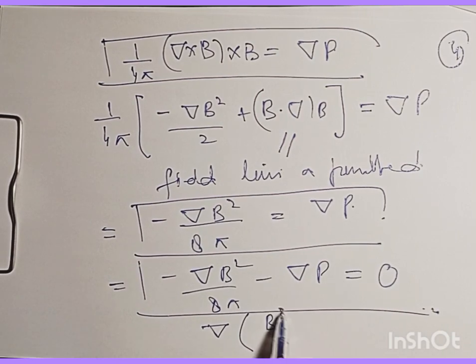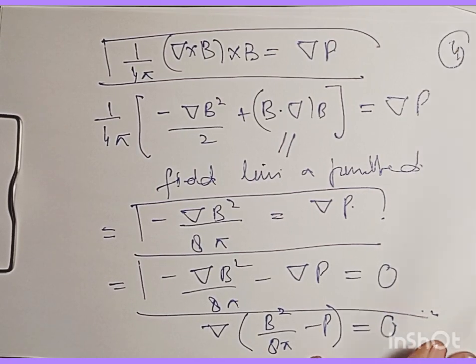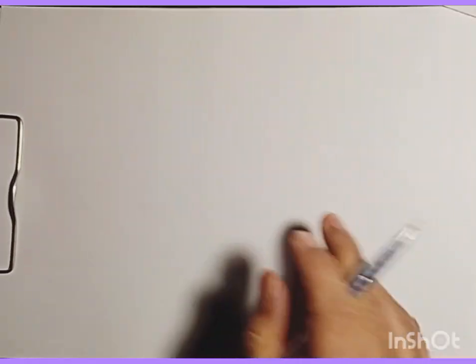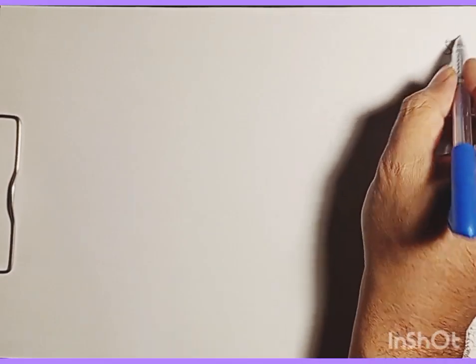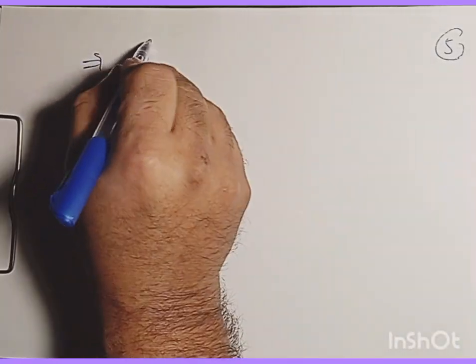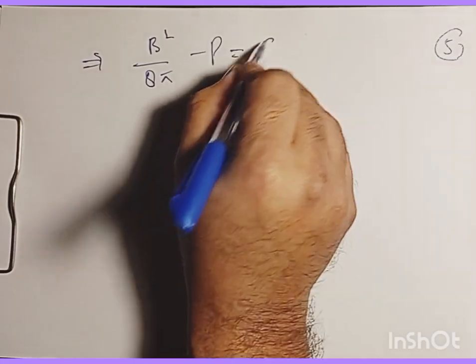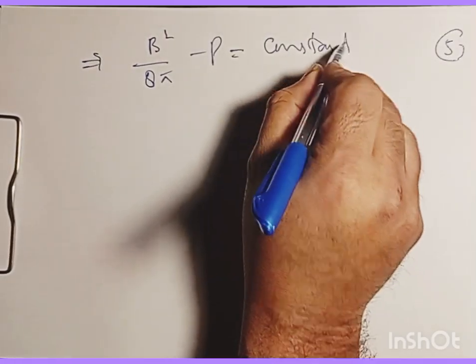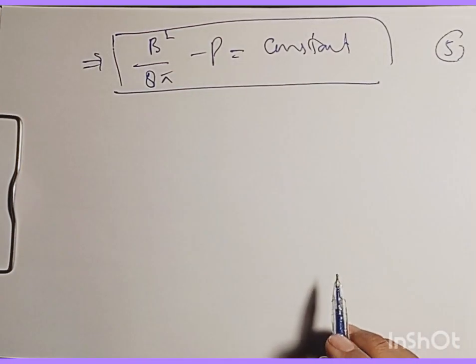So inside I can have B square by 8 pi plus P is equal to 0. What does it mean? It means B square by 8 pi plus P is simply a constant, taking away the del operator that we have.